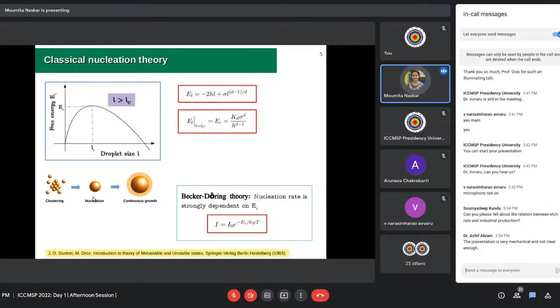So the main point is that the metastable state decays to the stable state through this nucleation process. Later, in 1935, Becker and Döring predicted by analytical calculations that the rate of such a nucleation process is strongly dependent on the energy barrier or critical energy corresponding to the critical size of the droplet. So definitely the metastable lifetime also depends on this critical energy. This is a very brief theoretical background of metastability.